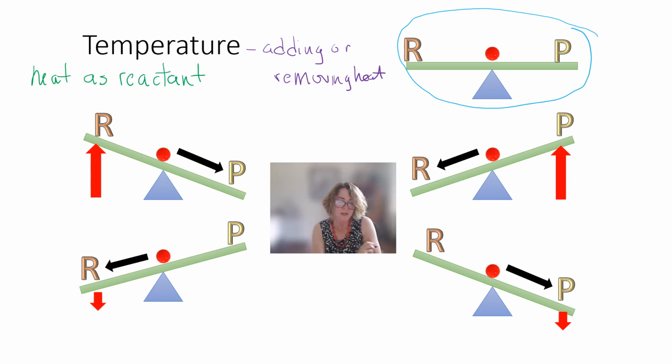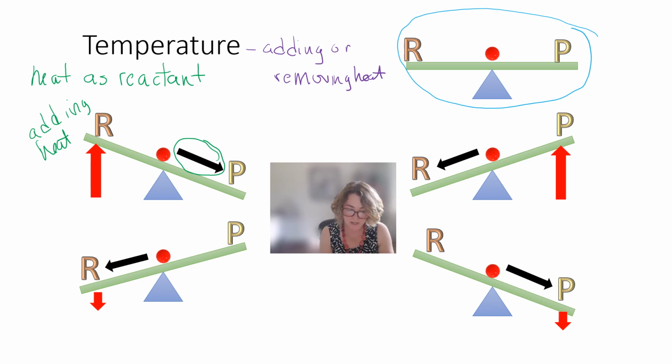Okay. And so we're going to essentially run through exactly what we did on the last slide. If heat is a reactant and I am adding heat here, I am causing the ball to roll to the product side, and so I am shifting my equilibrium to the products.